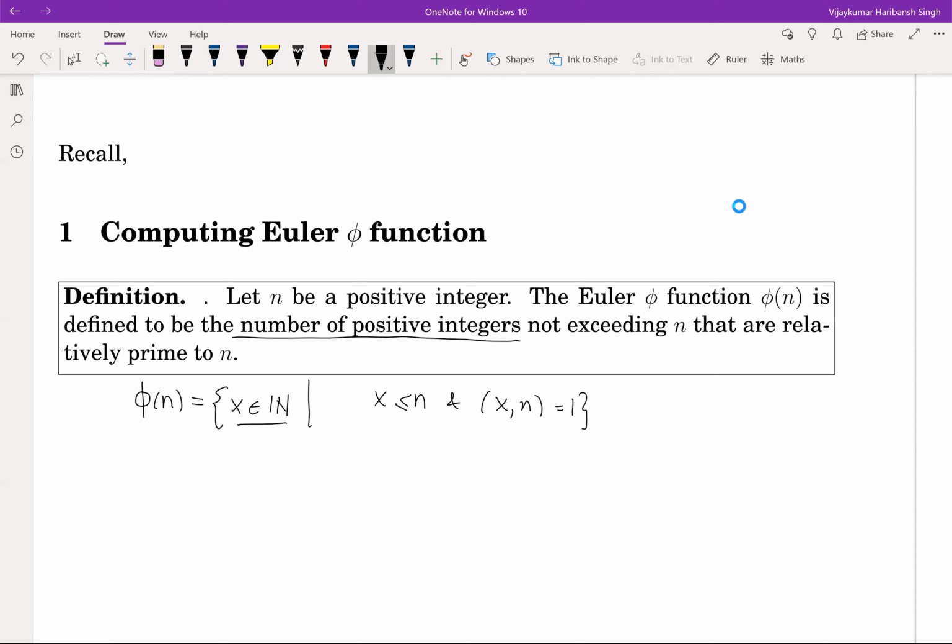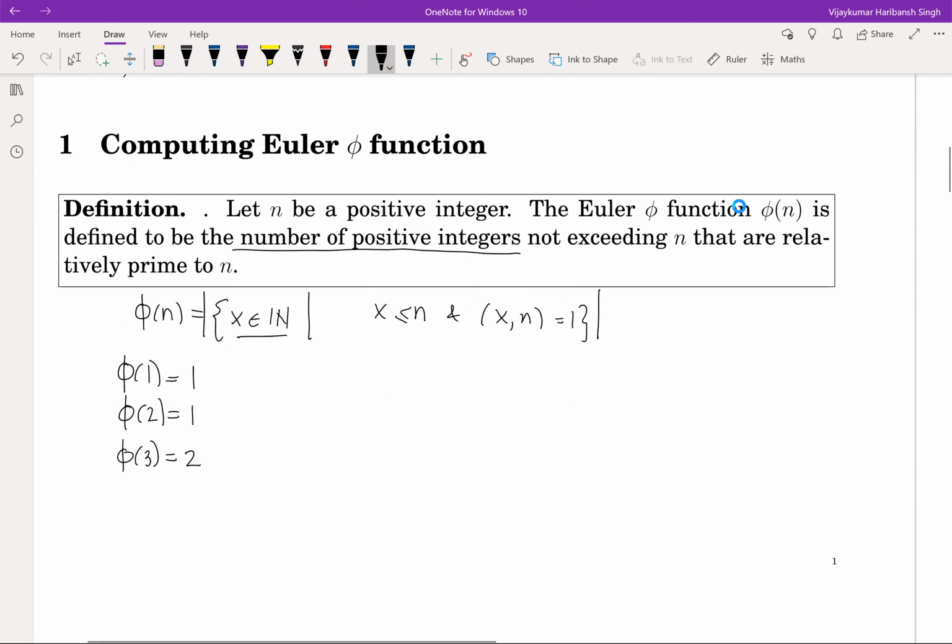Let's look at a few examples. What is phi of 1? Phi of 1 is 1. Phi of 2 is 1. Phi of 3 is 1 and 2, so phi of 3 is 2. Here by this we mean the size of this set.